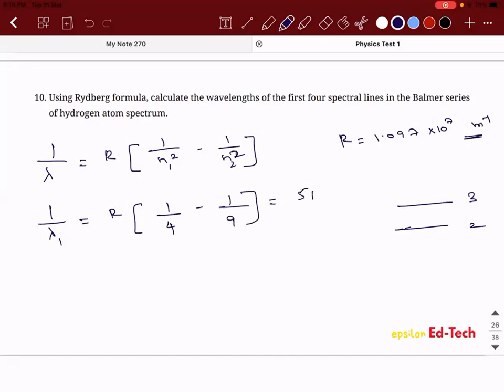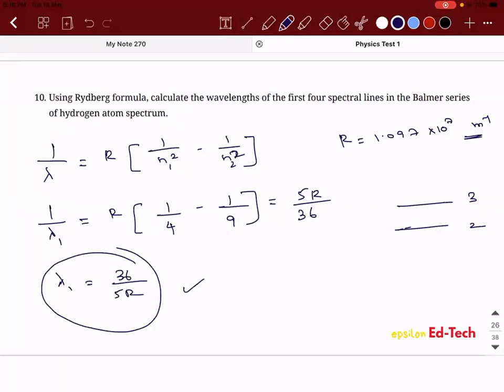So what you get is 5R divided by 36. So lambda 1 is 36 divided by 5R. Sir, we can leave it like that? You can actually leave it, but it again depends on who's correcting your paper. So I suggest you convert it.